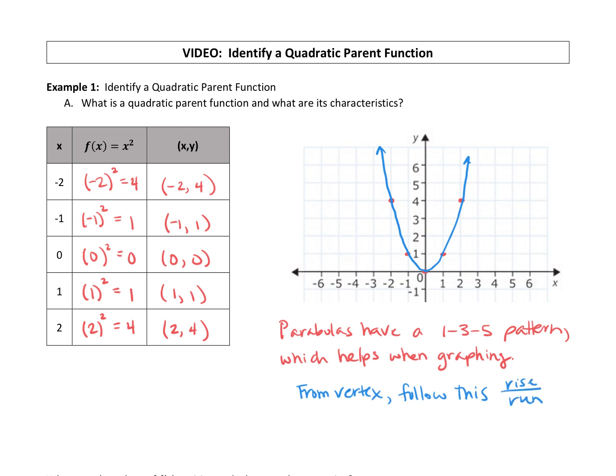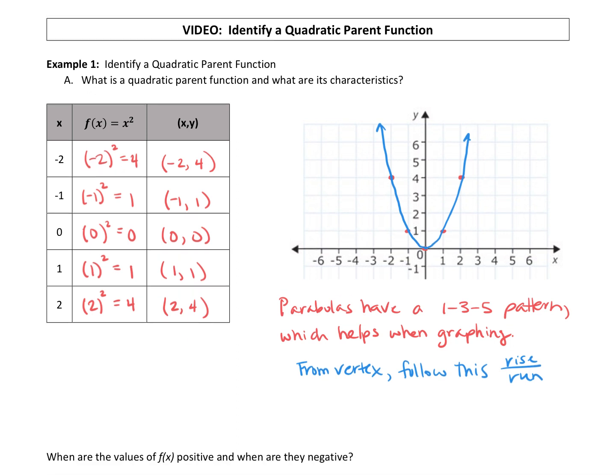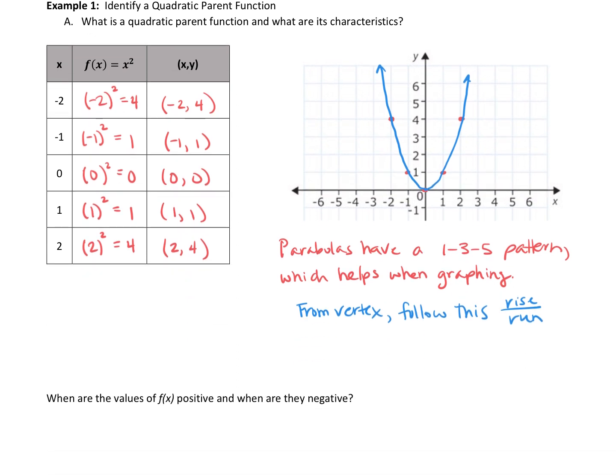When I say rise over run, it's going to make you think of slope a little bit, and that's okay. You'll see how it works out. So 1 over 1, 3 over 1, 5 over 1. So there's the 1-3-5 pattern.